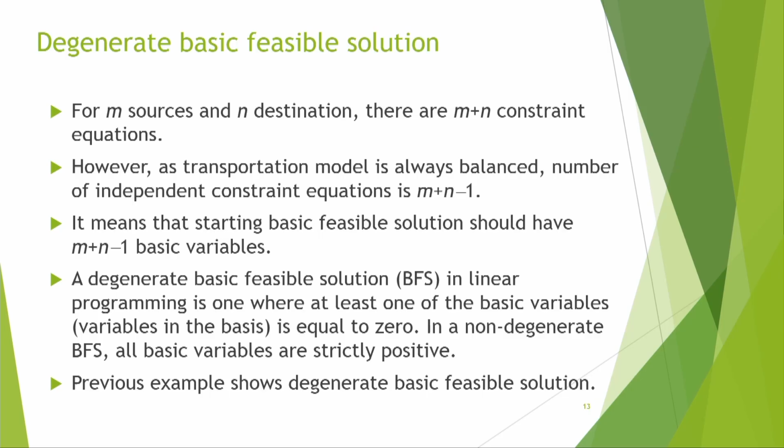A degenerate basic feasible solution, in linear programming, is one where at least one of the basic variables in the basis is equal to 0. In a non-degenerate basic feasible solution, all basic variables are strictly positive. So the previous example shows a degenerate basic feasible solution.